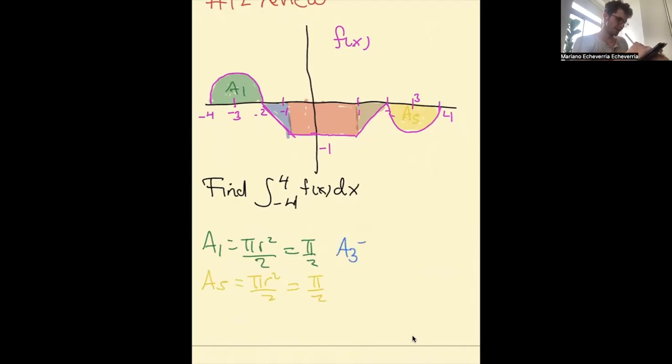Then comes area 3. What's area 3? Area 3 is the area of a triangle. What's the area of a triangle? It's base times height over 2. The base is 1, and the height is also 1, so you get 1 times 1 over 2. So that's 1/2. Is that making sense?